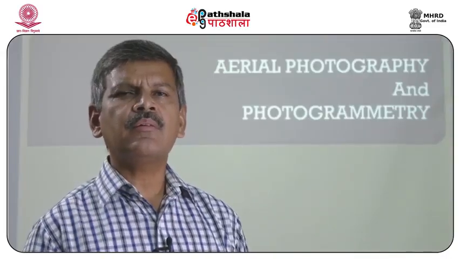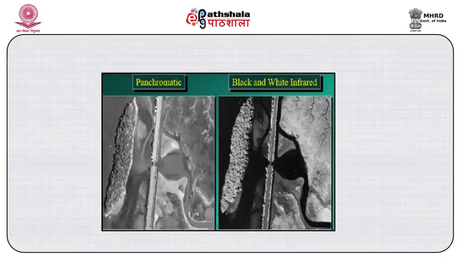The panchromatic film produces photographs in black and white, whereas the black and white infrared also produces photographs in black and white, but in a different manner.